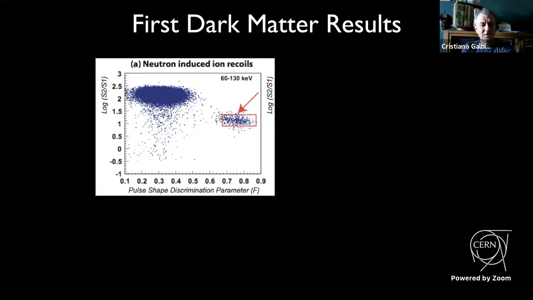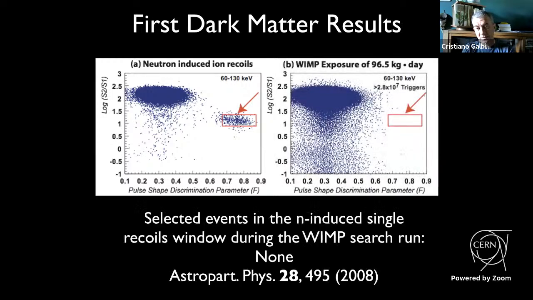So you see here some of the very early and pioneering results of WARP in the dark matter search. On the vertical axis, you see the ratio of S2 over S1 in a logarithmic scale, and on the horizontal axis, the pulse-shape discrimination parameter.